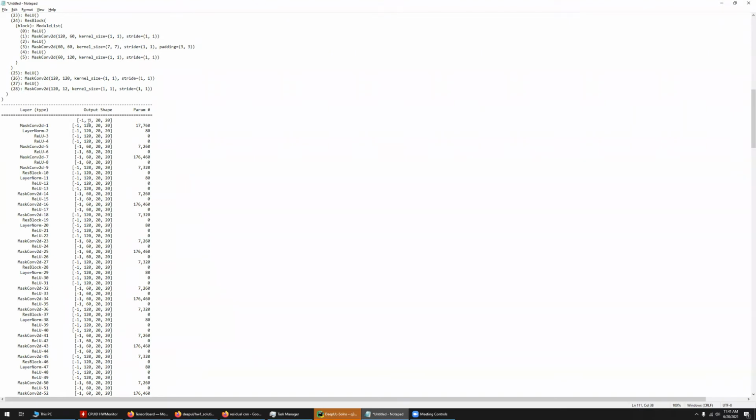Because the way convolution works, it takes the filter and passes it through the image on all three layers and then sums them all up into one number, right? So in each number of the next one, this 120 by 20 by 20, each number has bits of all three channels in it.